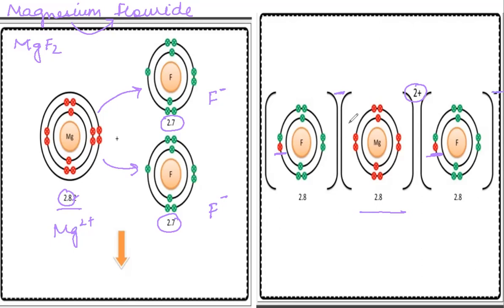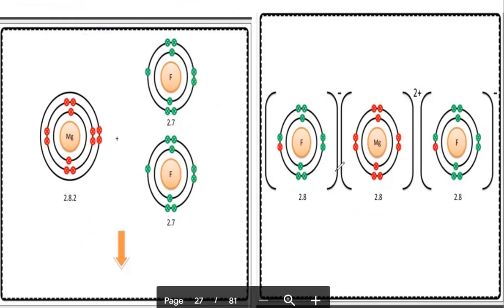So this is the force of attraction. The force of attraction between this cation and anion is known as ionic bonding. So ionic bonding is an electrostatic force of attraction between a cation and an anion, right?